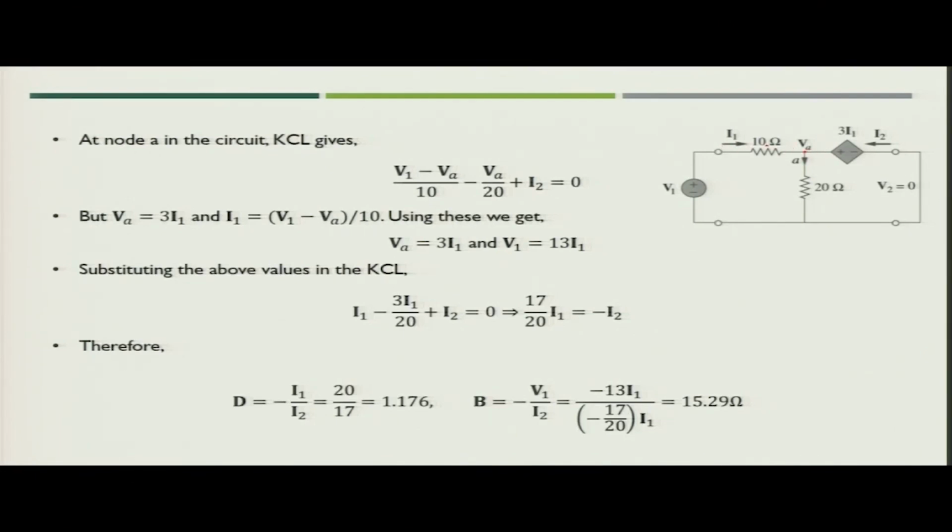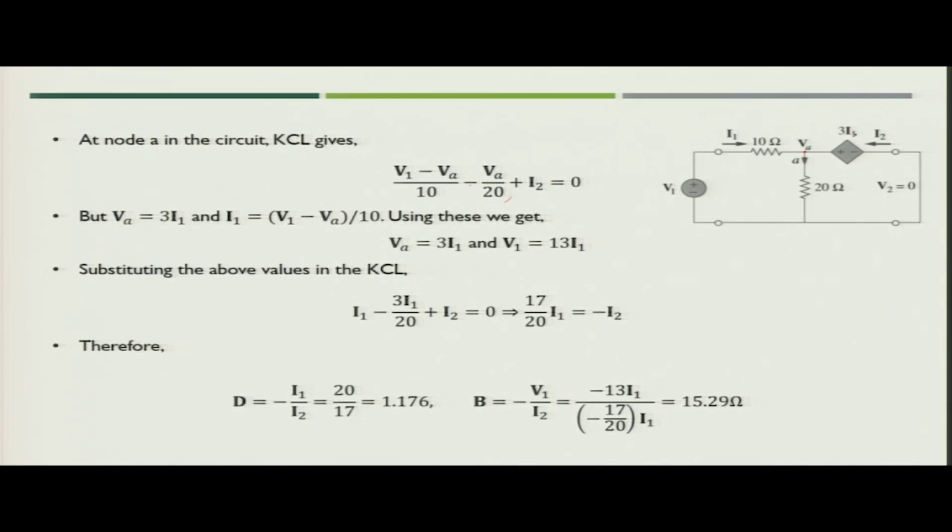We are taking current going inside as positive, current going outside as negative. So, the current going in the 20 ohm resistance will be minus VA by 20, plus the current I2 equal to 0.